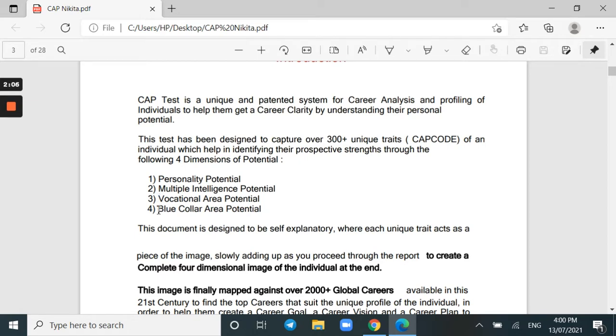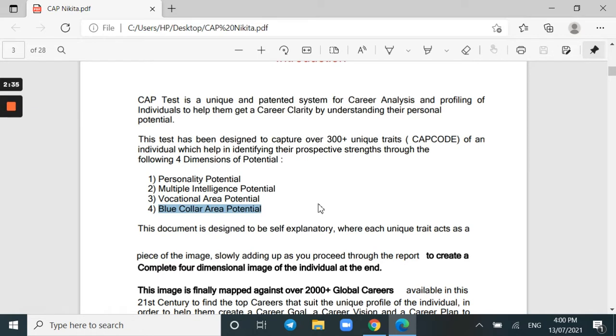And the fourth dimension that we look at is called blue collar traits. These are individual traits about the student. For example, if somebody wants to become, let's say, a software design engineer, it looks at more than 11 aptitudes. Normally we look at one aptitude or two aptitudes, but these again are part of globally accepted standards for worker codes, which are used for identifying the unique strengths.